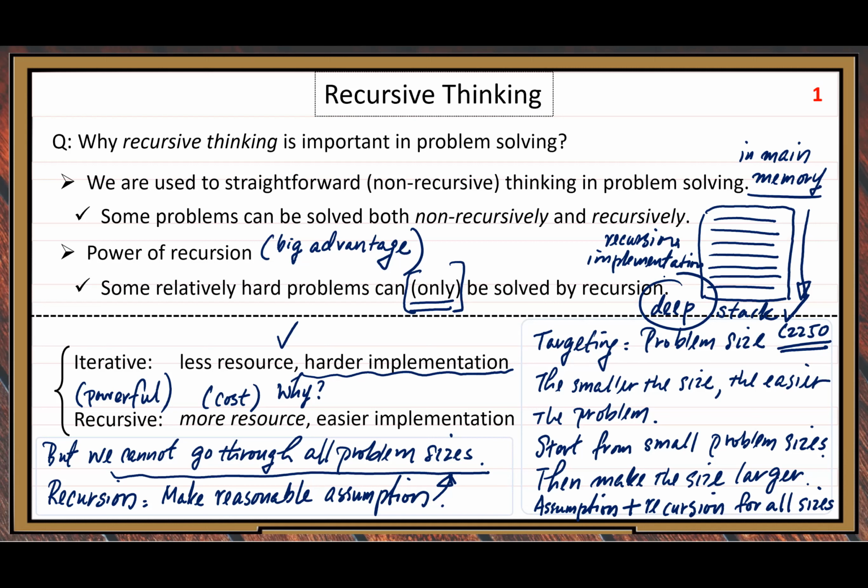The stack runs out of the memory resource. The available memory cannot handle the deep stack you need for your algorithm. That could happen, and in that situation you will have a stack overflow problem.